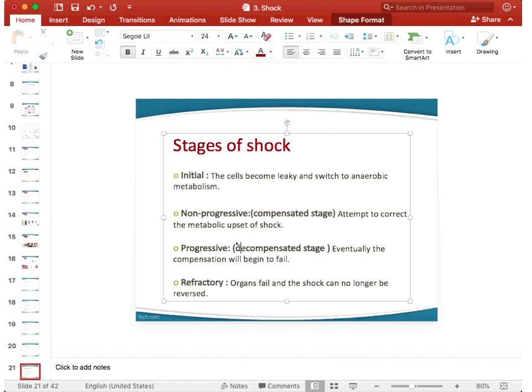Then the progressive state is already decompensated. The tissues are needing a lot more oxygen than they are being provided. And in order to see this, there's a test that you can perform very easily.